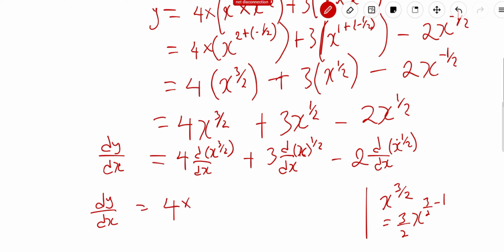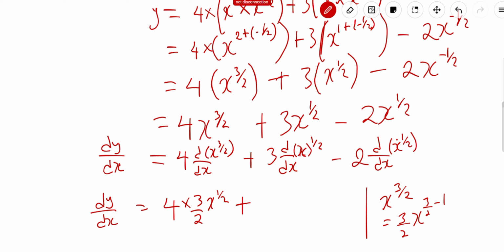So I'm going to have multiplied by 3 over 2 x to the power of 3 over 2 minus 1, which is 1 over 2.